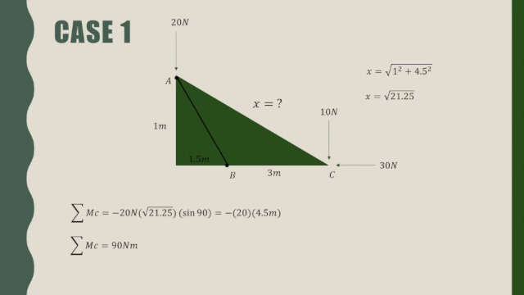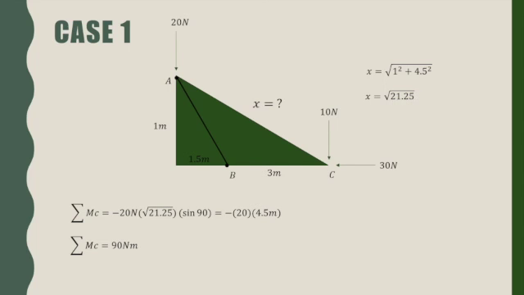Now, to calculate our sum of moments, we will use the principle of transmissibility, where we draw in an imaginary way the line of action of the force of 20 newtons. In this way, we obtain our rectangle.